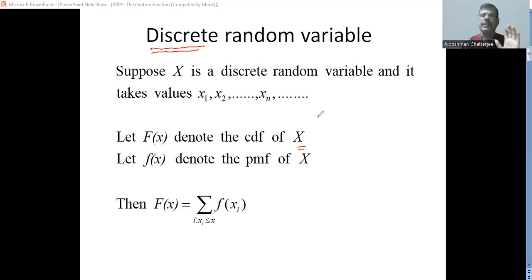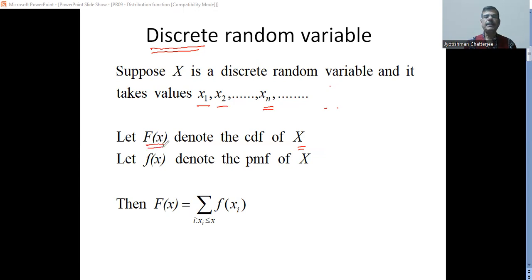The definition is generic, the general definition. However, if it is discrete, then we get a certain form for the distribution function. Let's examine that. Suppose X is a discrete random variable and it takes values x1, x2, ..., xn, etc. It may be either a finite number of values or infinitely many values. It doesn't matter. The concept is the same.